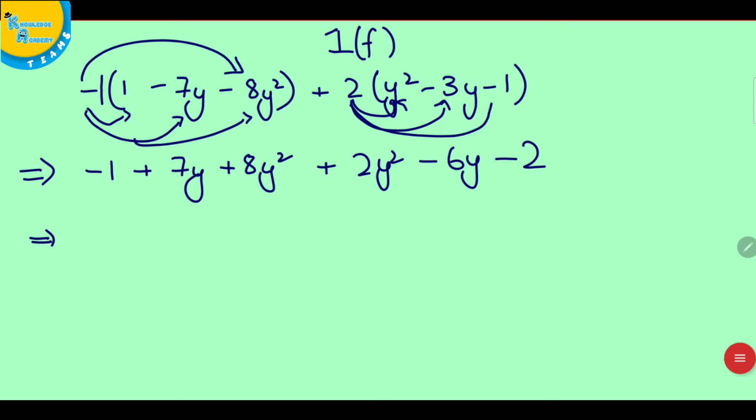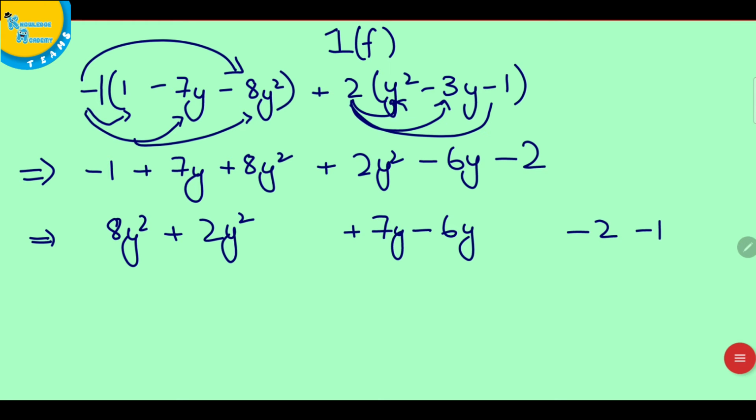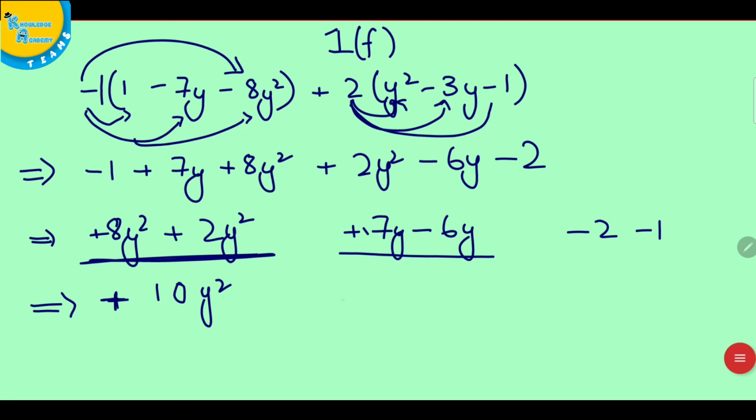Now gather the like terms. Okay, so I have already gathered the like terms. Both of the terms have the positive sign. The sign of the final answer will be positive, and the operation will be addition. So 10y squared, and both of the terms have different signs.